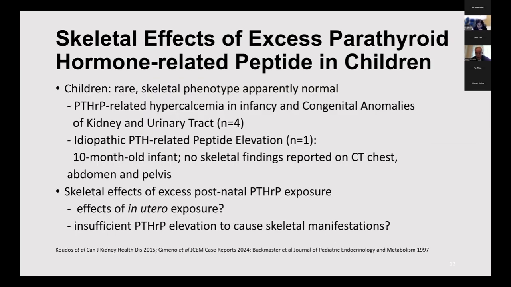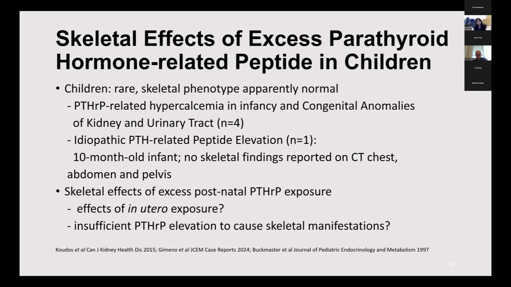Now, let's look at the skeletal effects of excess parathyroid hormone related peptide in children. We know that this is a rare occurrence, and so our observation is limited to published case reports with complete information. Excess PTHRP has been reported in conjunction with congenital anomalies of the kidney and urinary tract.